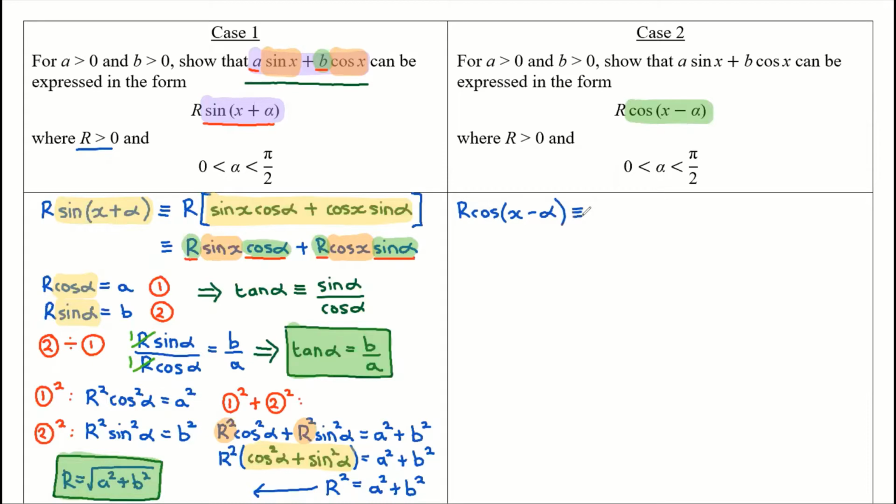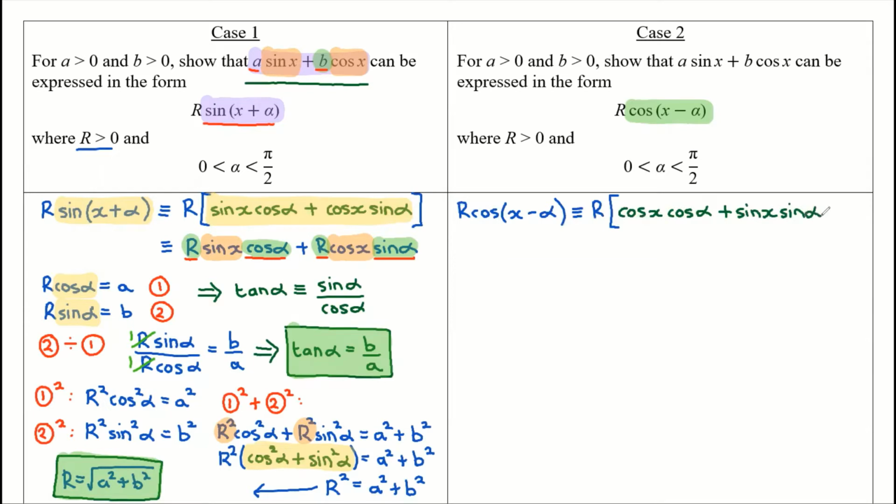And this is going to be identical to, so I'm going to, again, open the big square brackets, and I'm going to apply the cosine identity with the subtraction in it. So this is going to be cos x cos alpha, plus sine x sine alpha.